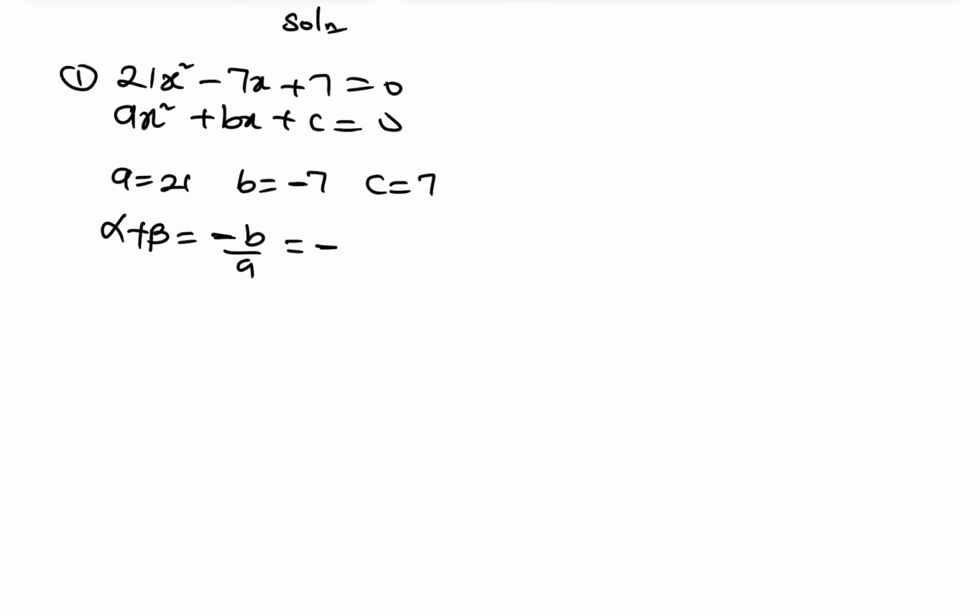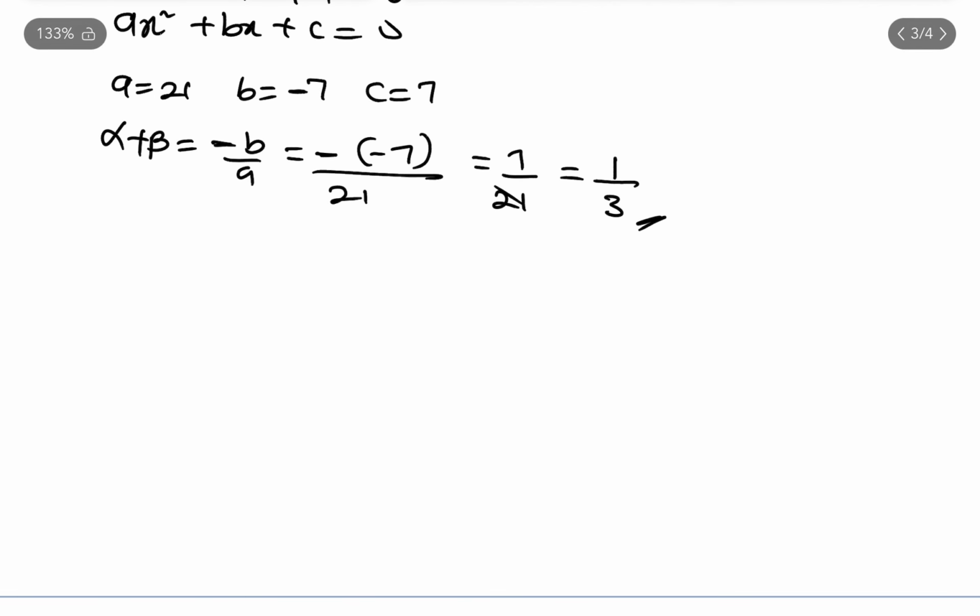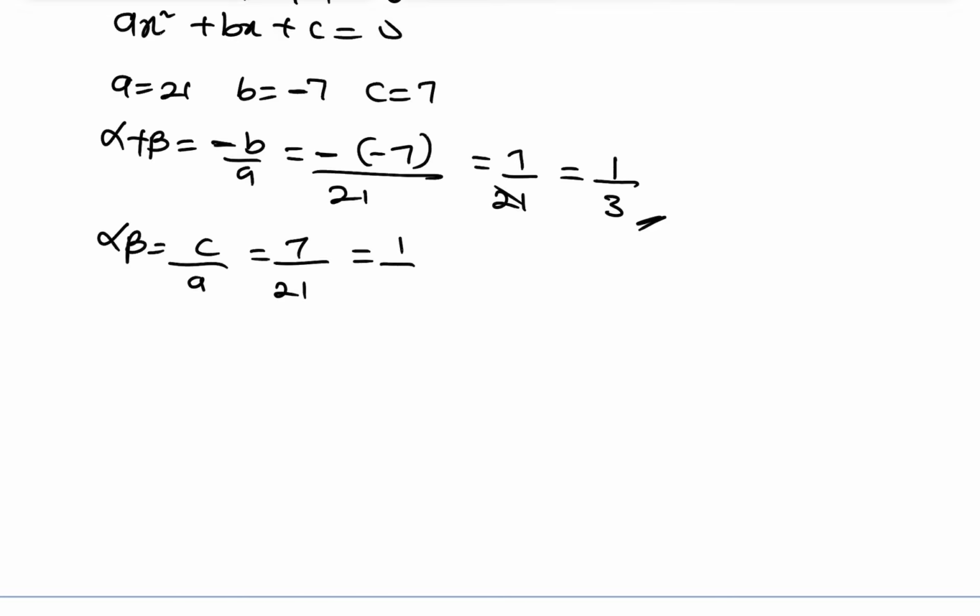In this case, it's going to be minus of minus 7 all over 21, which is 7 over 21. 7 can divide both 21 and 7, so that is 1 over 3. Let's check our product of roots, which is c over a. In this case, c is 7 and a is 21, so this also gives us 1 over 3. So the sum of roots and the product of roots here is 1 over 3.